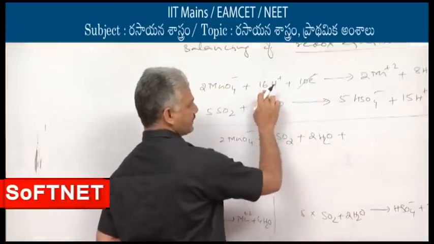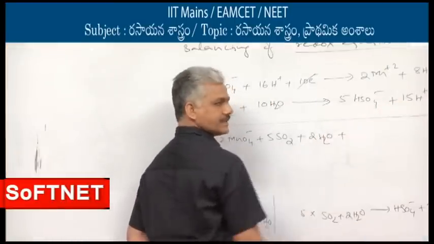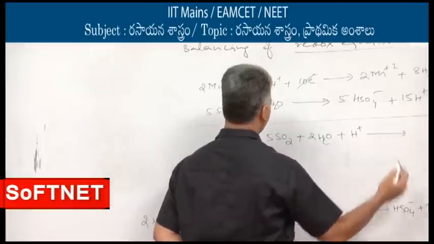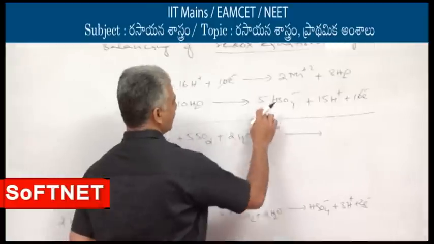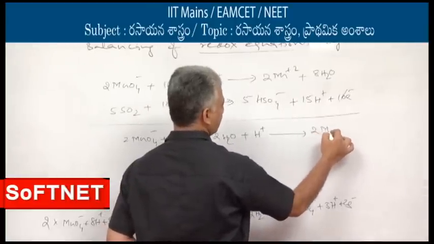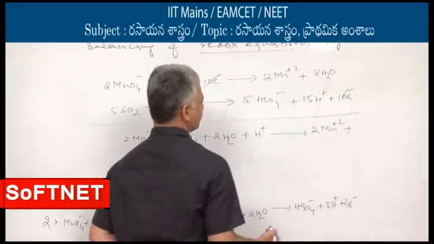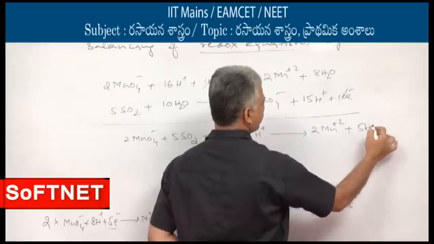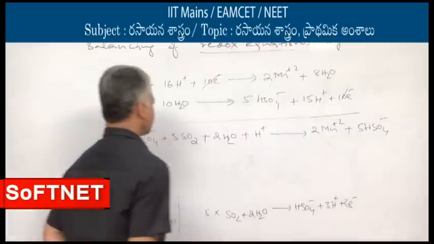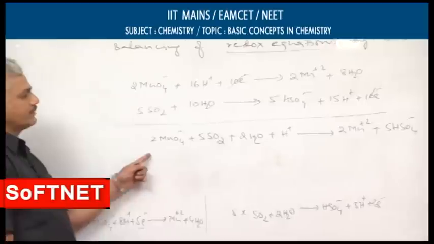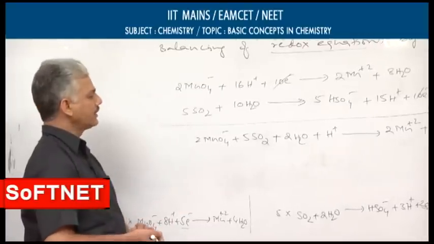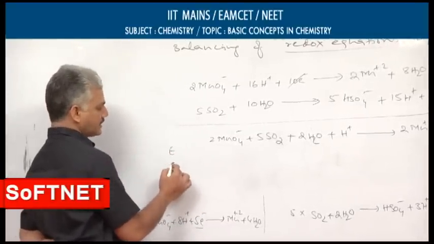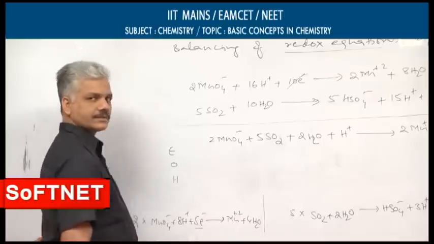Here 16H plus ions are present, on the opposite side 15H plus ions are present. The difference will be 1H plus ion. On the product side, you will get 2Mn2 plus plus 5HSO4 minus. So, this is the completely balanced equation, which can be verified in this order: element, oxygen, hydrogen.